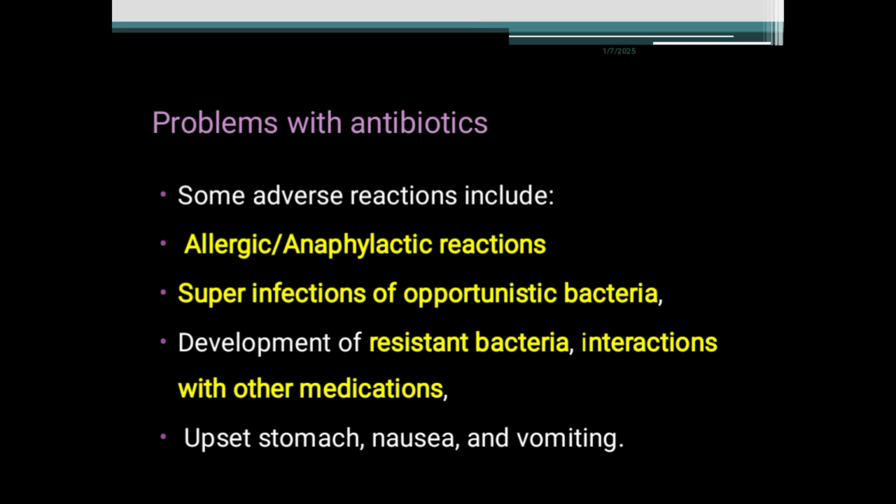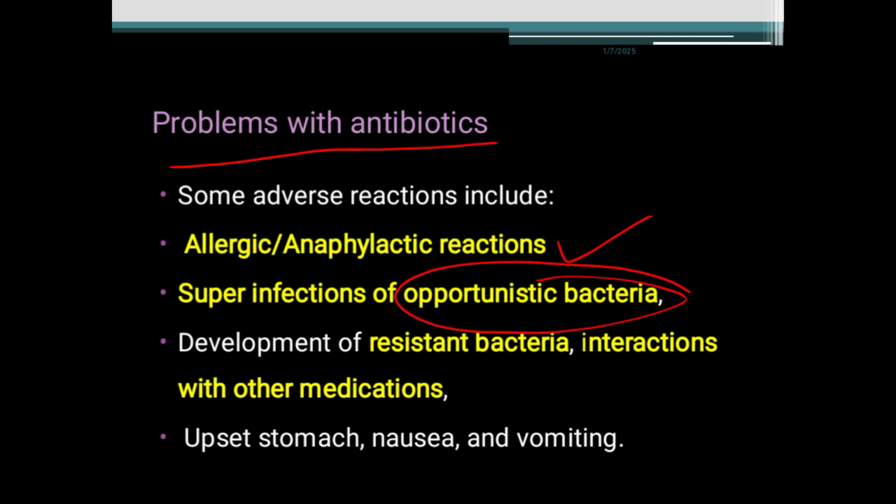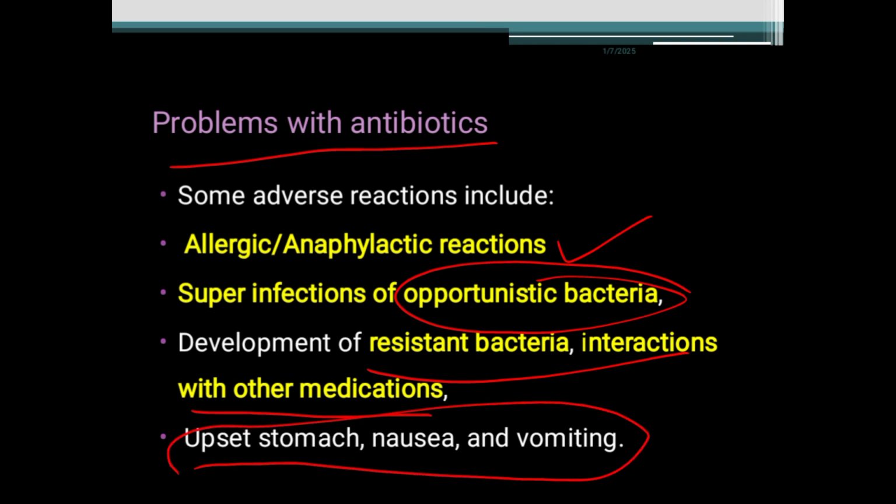What problems do you have with antibiotics? Some people can have allergic or anaphylactic reactions, or superinfections with opportunistic bacteria. It can harm your microflora, develop resistance, and cause drug interactions with other medications. It can upset your stomach and cause vomiting and nausea.